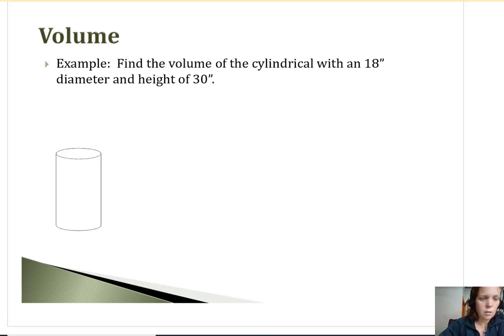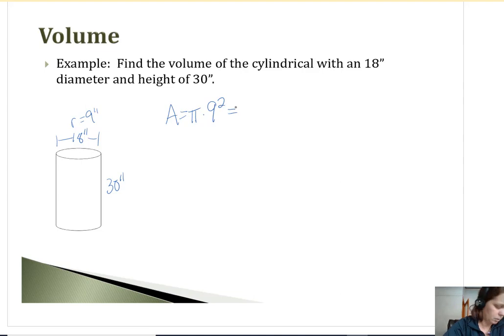Okay, next one, cylinder. If I have a diameter of 18 inches and a height of 30, this one might look familiar too from doing the surface area. So the radius is 9, we'll need that. Again, the area of the base. A circle has an area of pi r squared for the formula.